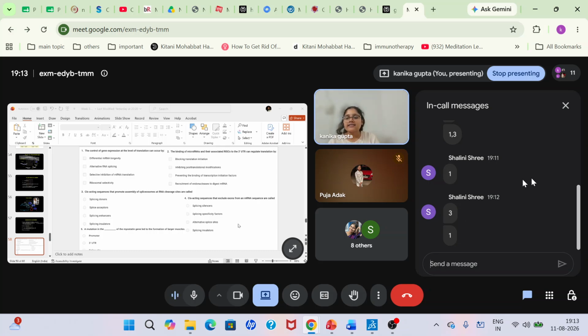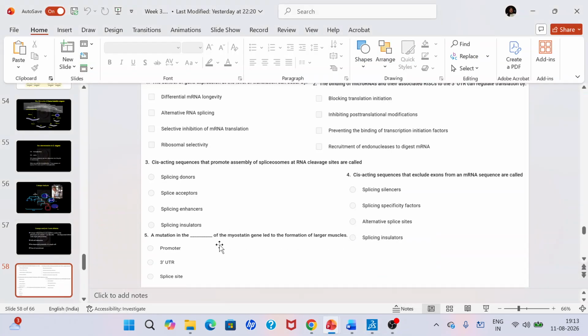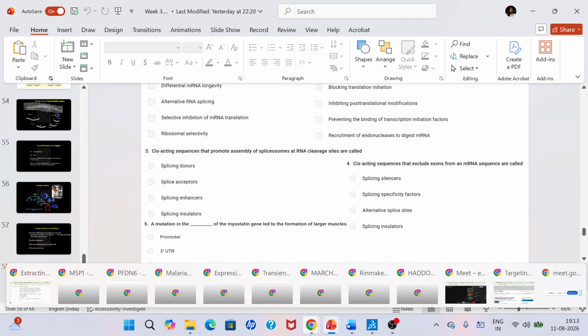Right, it is splicing enhancers. Question number 5. A mutation in the blank of the myostatin gene leads to the formation of a larger muscle. Yes, splicing silencers.